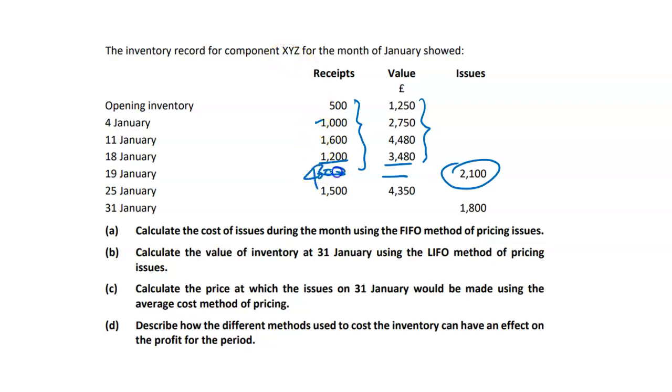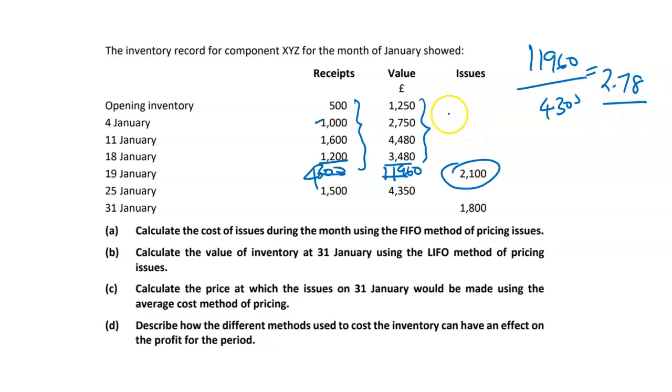So this is 4,300, and this is 1,250 plus 2,750 plus 4,480 plus 3,480, and that's 11,960. So we have 11,960 divided by 4,300. That's our average cost. So that's £2.78. I'm going to round that up.